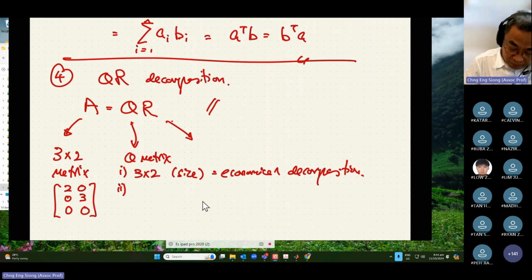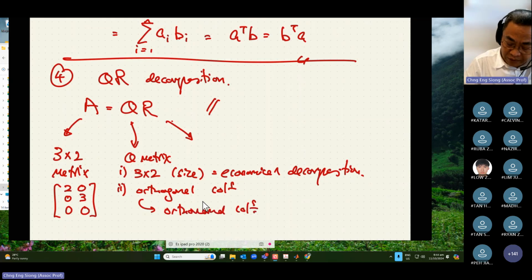Orthogonality. Yes, so it has orthogonal columns. In fact, we don't like orthogonal, we prefer orthonormal columns. So Q has orthonormal columns.